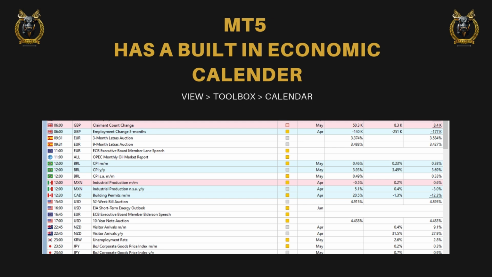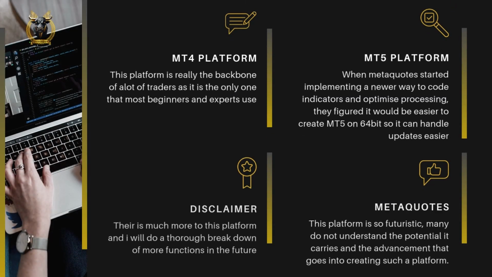Then look for calendar right there, click on calendar, and then you'll see your calendar. You can also adjust your filters and all sorts of things, just like how you can do it on Forex Factory and all these other platforms. So yeah, guys, this is so beautiful because MT4 doesn't have this feature at all. So this is a beautiful update that MT5 has for us.